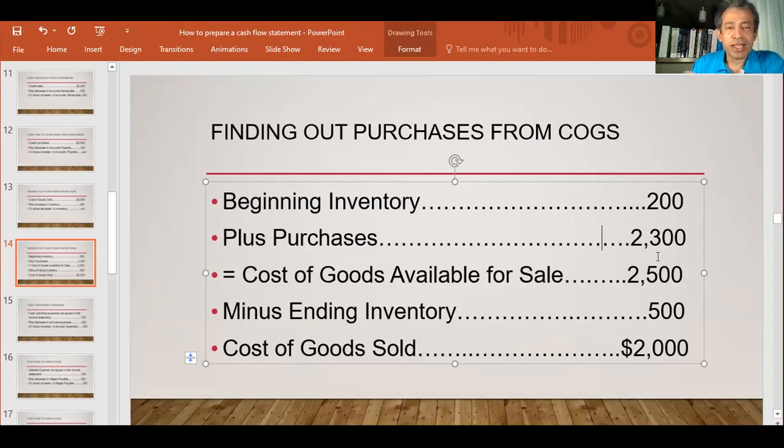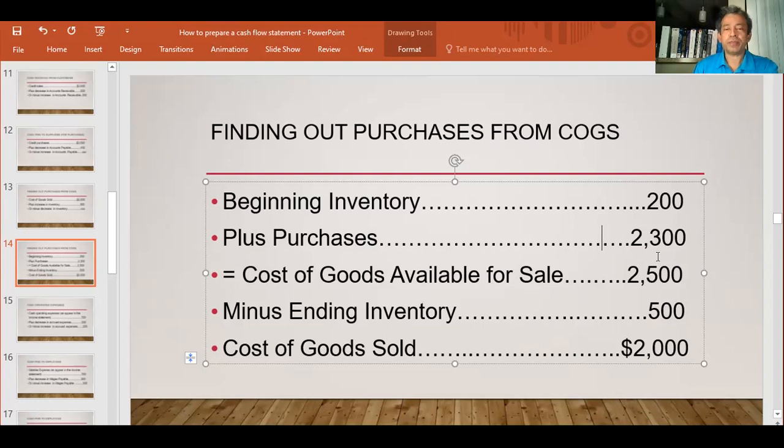That would mean I must have bought more than I sold. I sold, say, 100 dozen. That means I must have bought 102 dozen. Otherwise, my inventory could not have gone up from a dozen to 3 dozen.